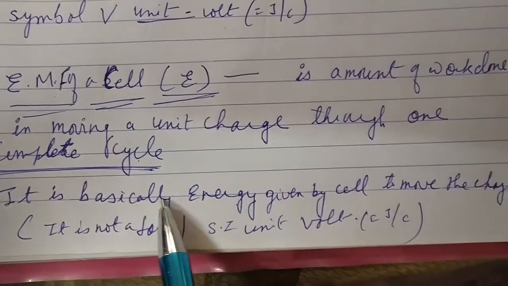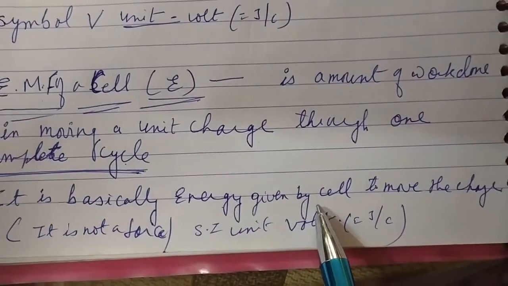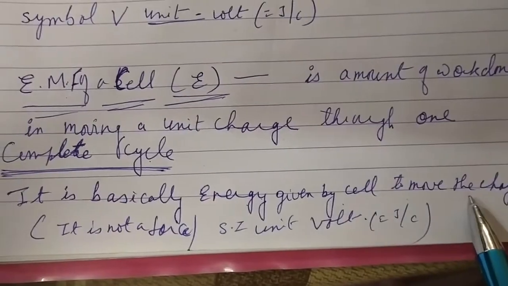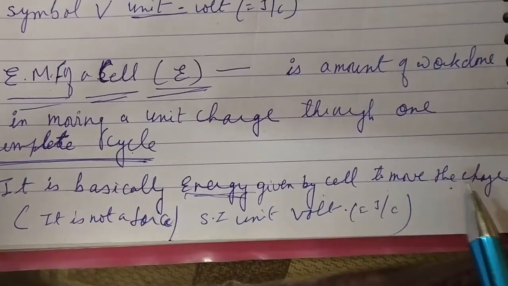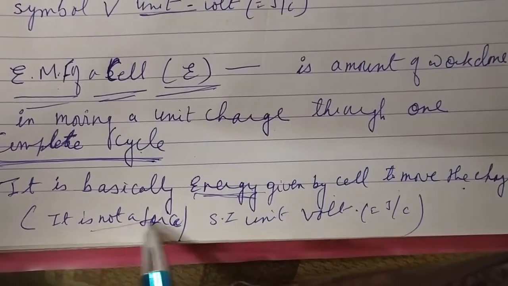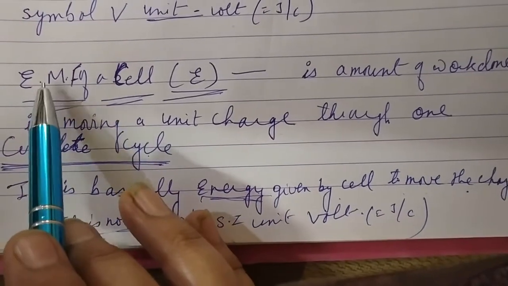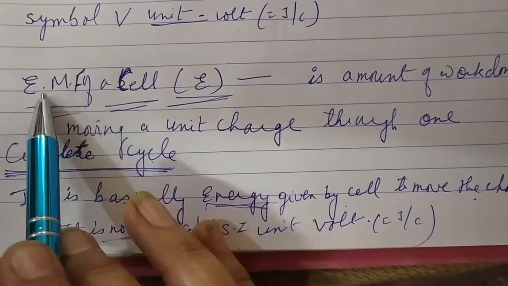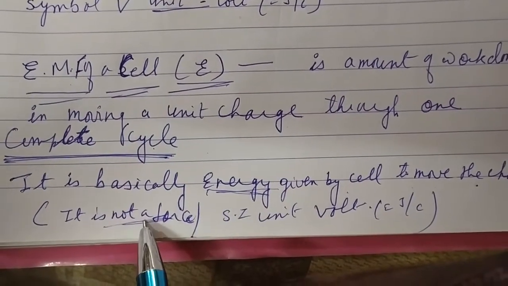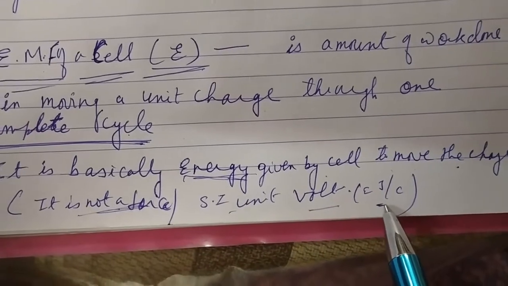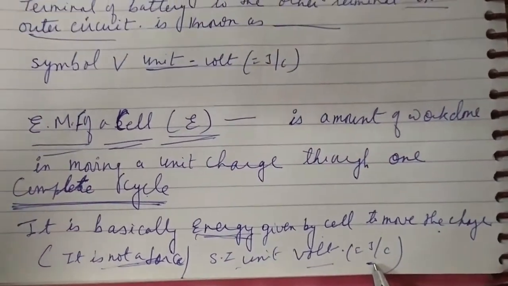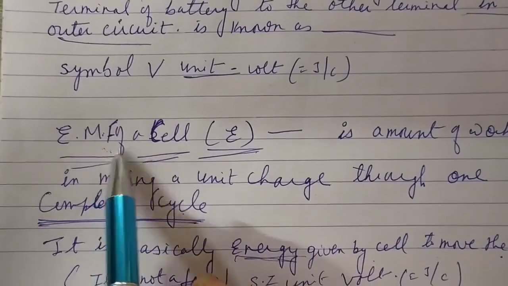It is basically energy given by the cell to move the charge. So don't get confused. Electromotive force is not the force, it is the energy. And SI unit is volt, that is equal to joule per coulomb.